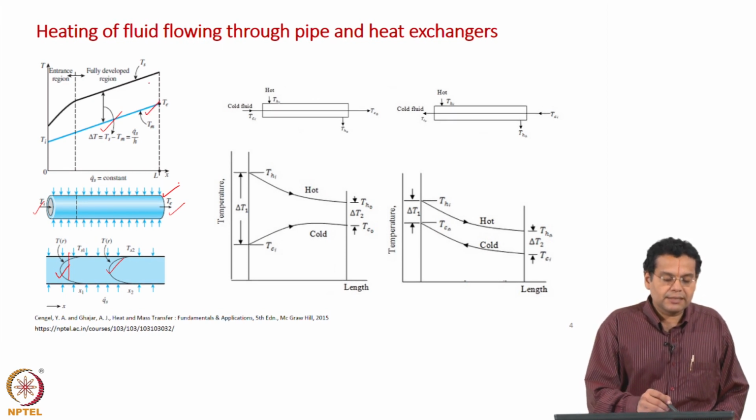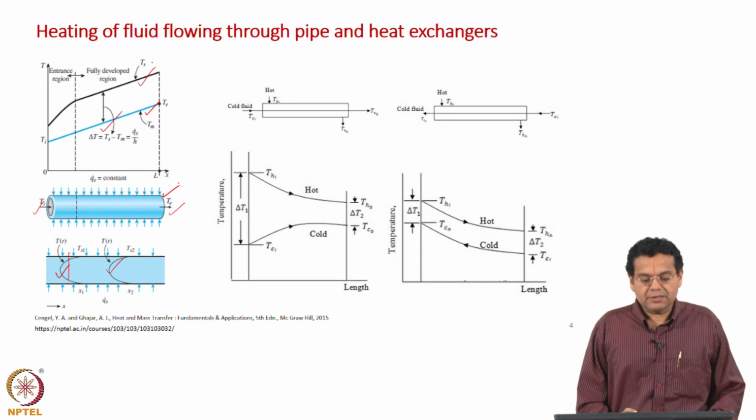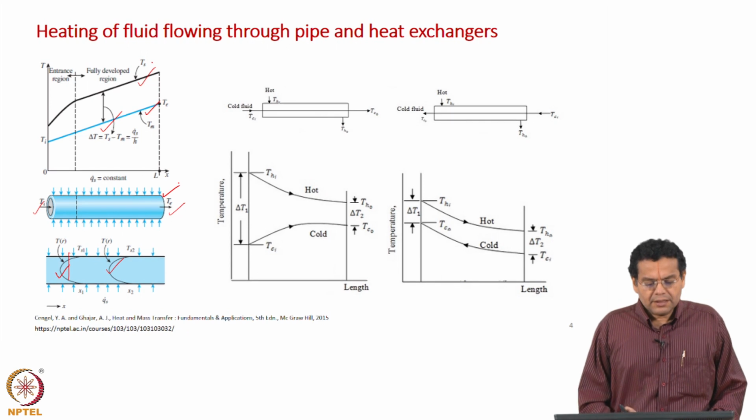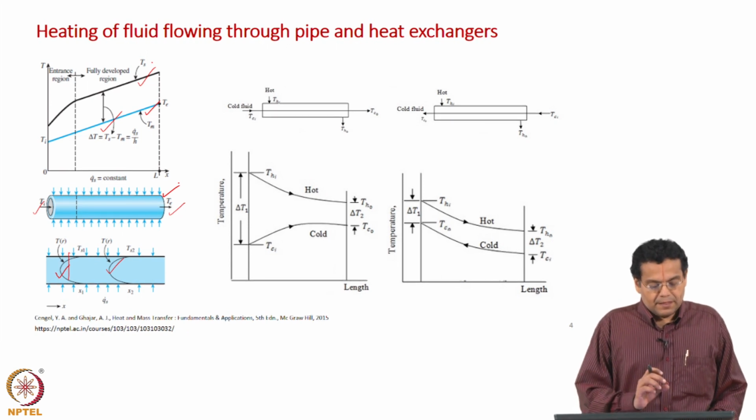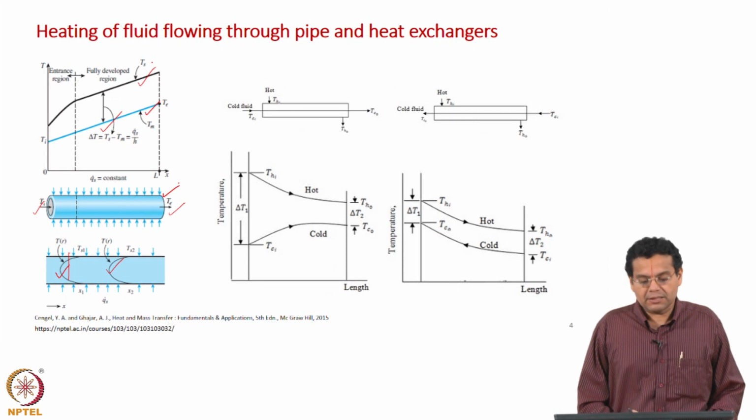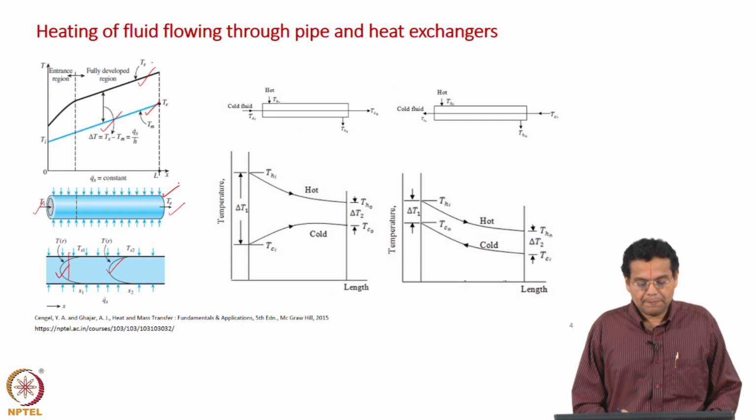And you can also get the axial variation of the temperature of the surface of the pipe, and under these conditions the temperature difference between them will remain a constant. And so, we can use the energy balance equation to find out the exit temperature given the inlet temperature.